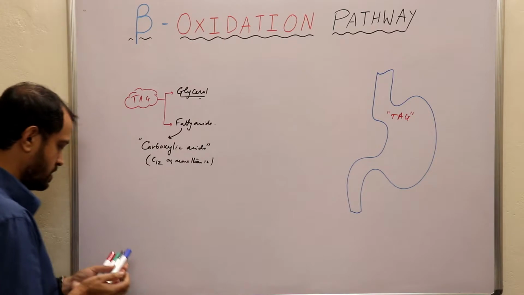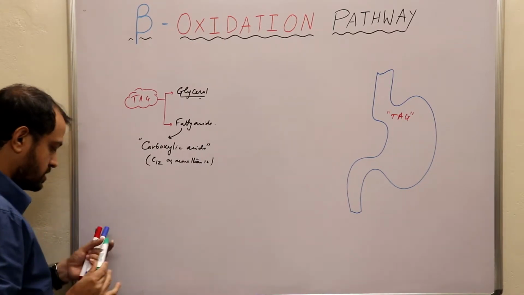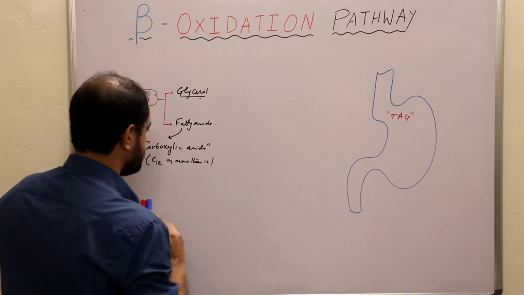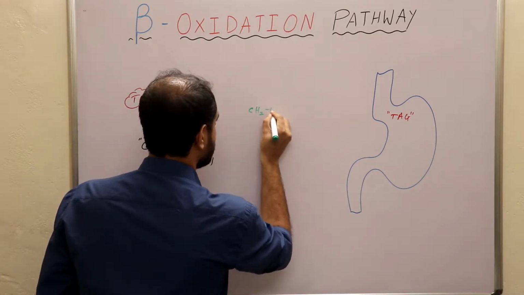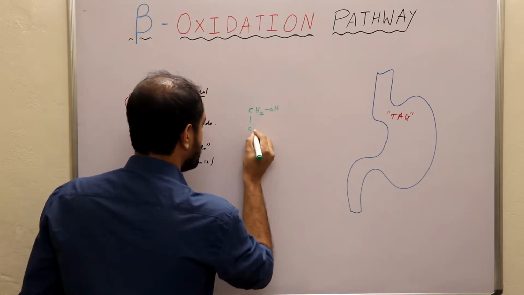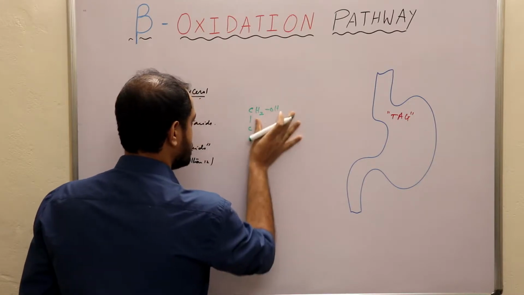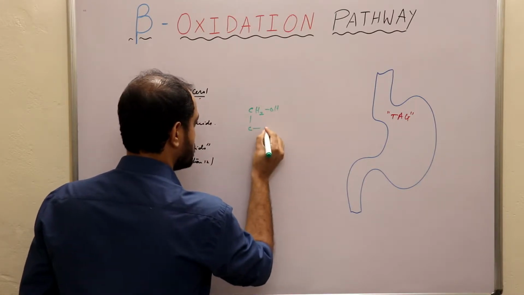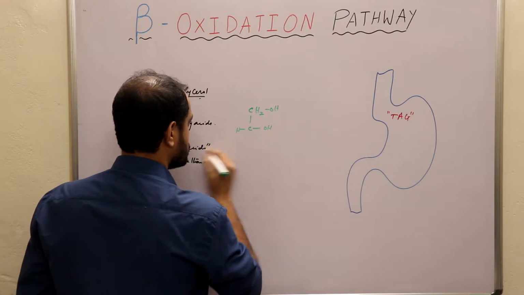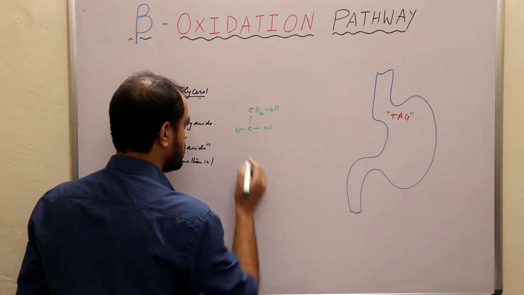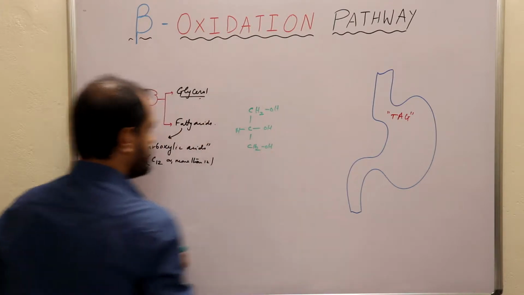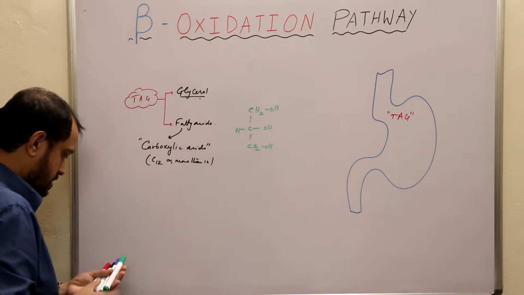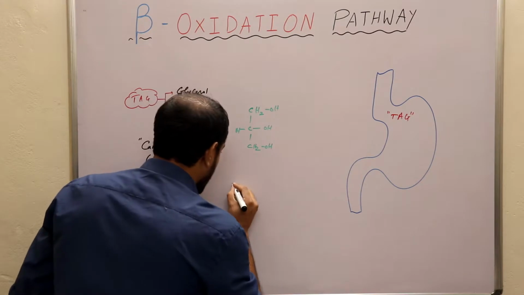Now listen, first of all you should understand that this is the structure of glycerol. I have already discussed it in great detail when we were studying introduction to carbohydrates, and then we moved to metabolism. Now, what do you mean by fatty acids?